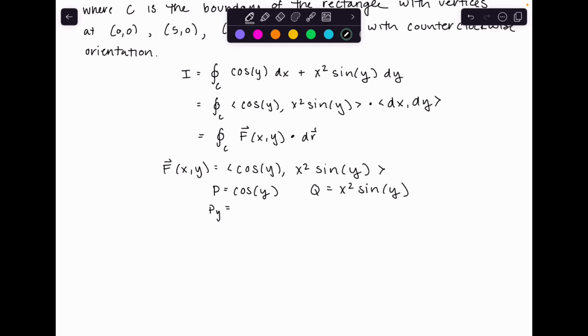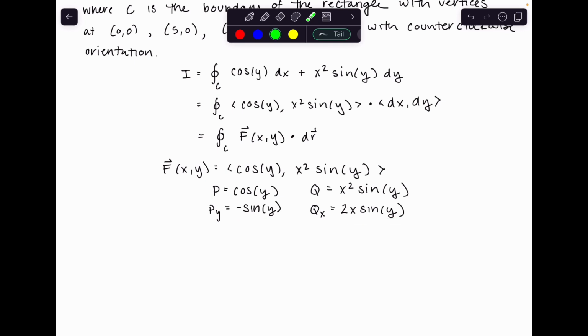If I take the partial of the first component with respect to y, this is negative sine of y, and then the partial of this with respect to x is 2x sine of y. So unfortunately, I can't apply the fundamental theorem of line integrals because these two things are not the same.